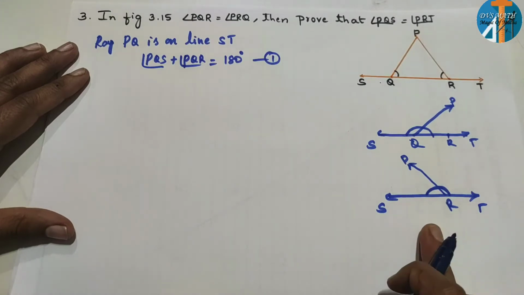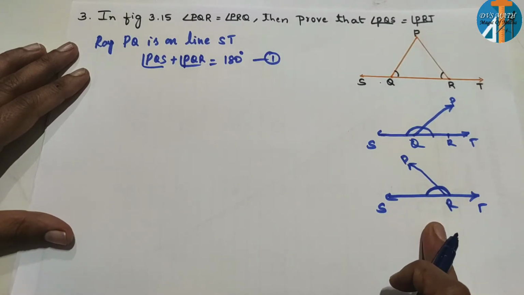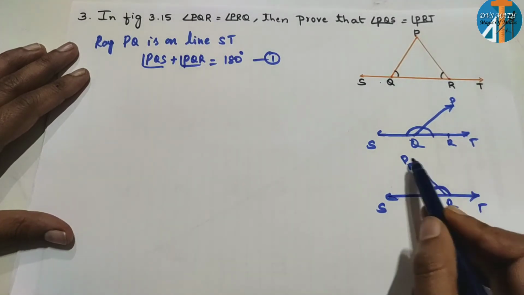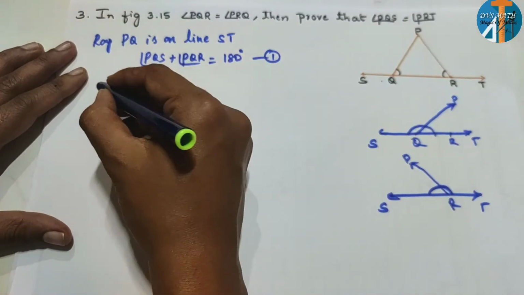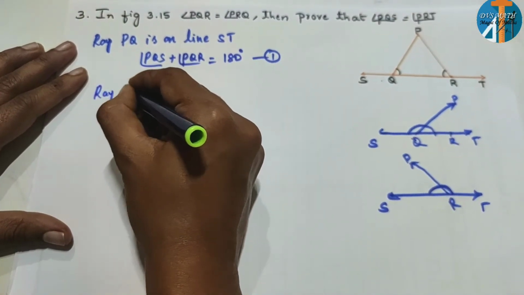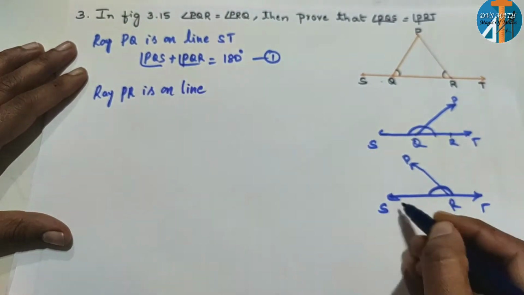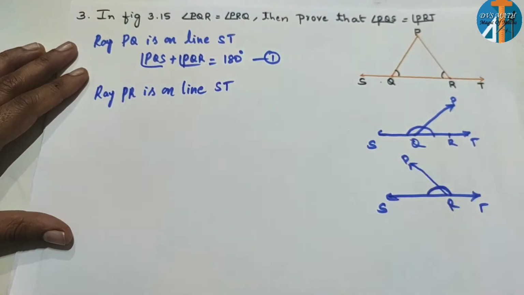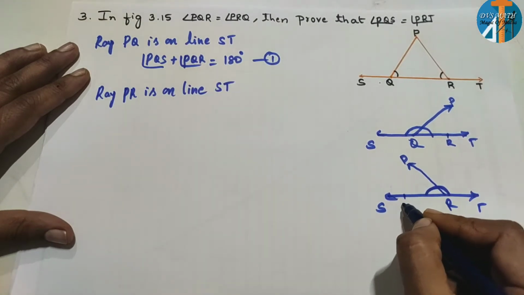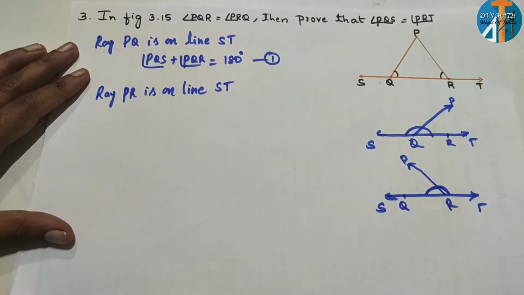Now let's observe this point. Here also ray PR, right? Ray PR is on the same line ST. But we have another point Q on the same line ST, right?